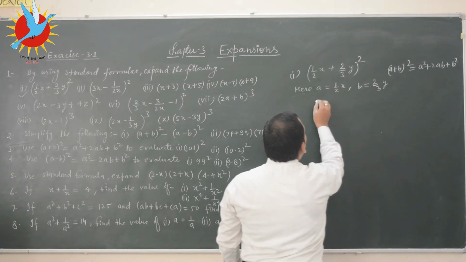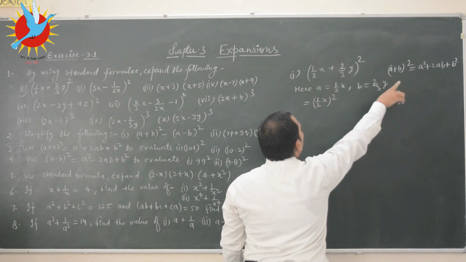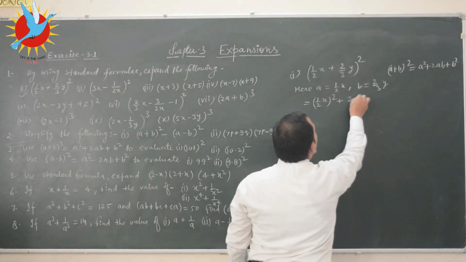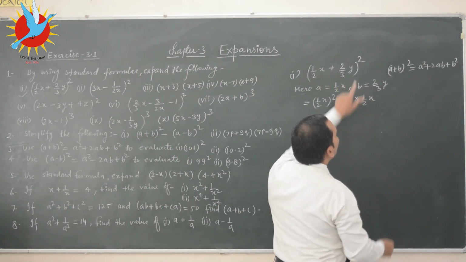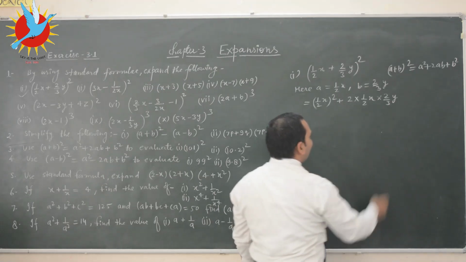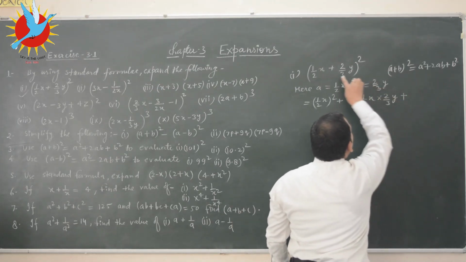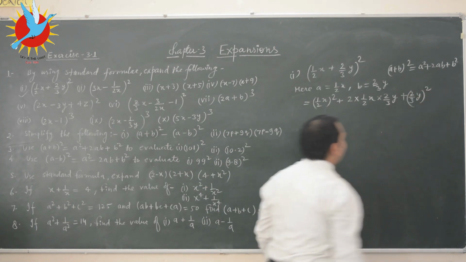So we use this formula. A square, that is 1 by 2x whole square, plus 2ab, 2 into a is 1 by 2x and b is the second term 2 upon 3y, plus b square, that is 2 by 3y whole square.